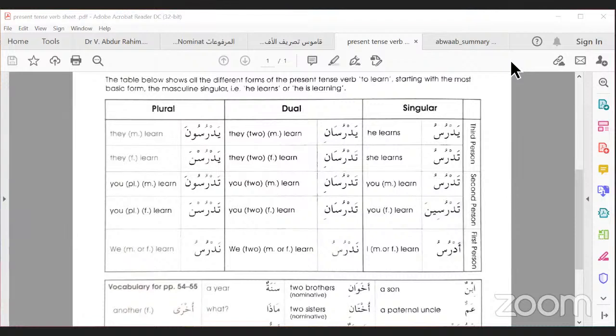Great. You all males learn. تدرسون. Great. Other way around now. You all females learn. تدرسن. Great. You both females learn. تدرسان. Great. And you singular female learns. تدرسين. I learn أدرس. And we learn. ندرس. Brilliant. Well done. MashaAllah.